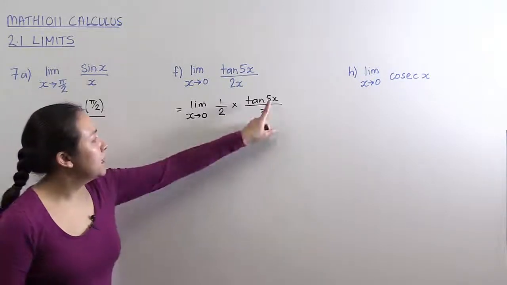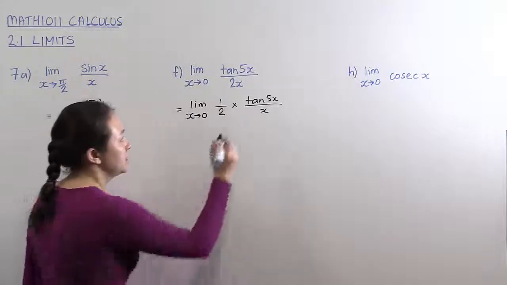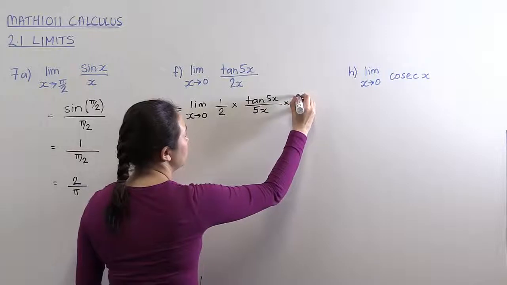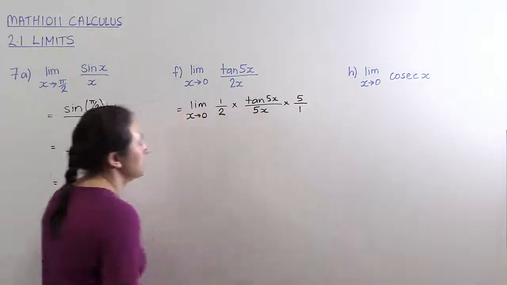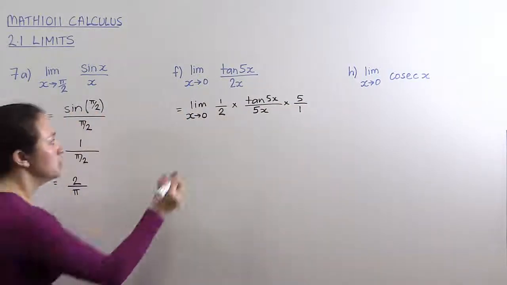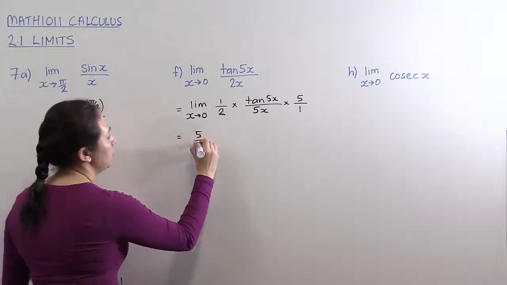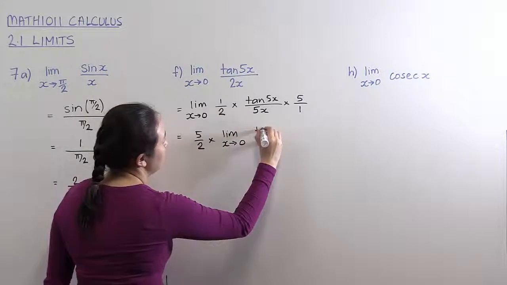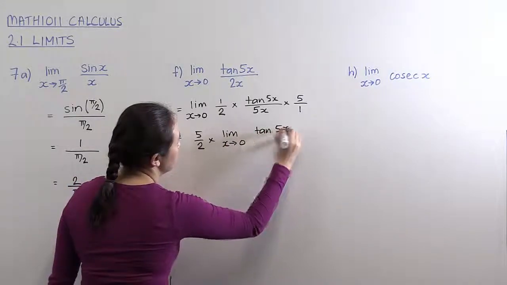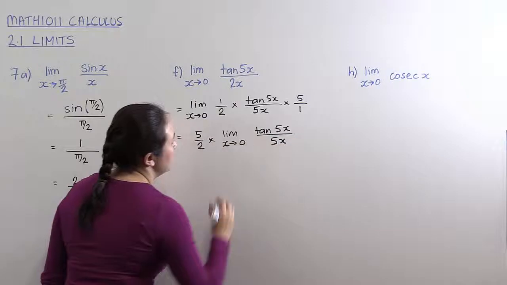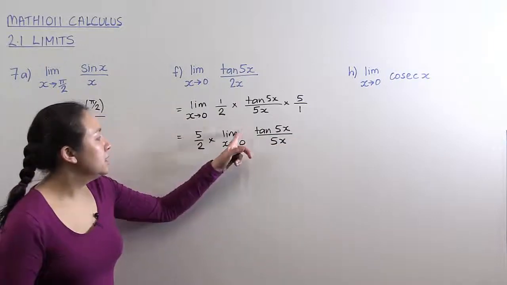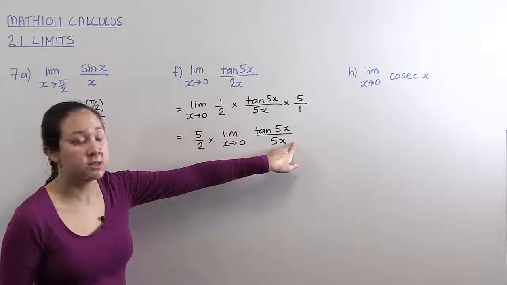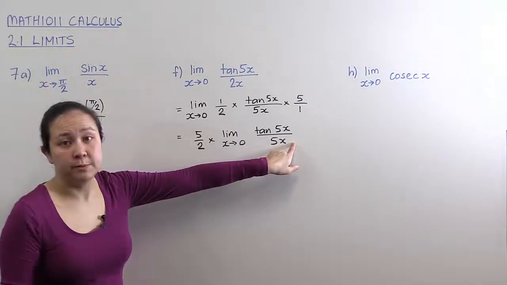I haven't changed the question in any way, I've just written it as a half times this instead. Now I'd really like tan of 5x over 5x here. So I'm just going to multiply top and bottom by 5. So I haven't changed the question at all. So now this is the 5 on 2 times the limit as x tends to 0 of tan of 5x over 5x. The idea is if I had the limit as 5x tends to 0 of tan of 5x over 5x, then that would just be 1, right?